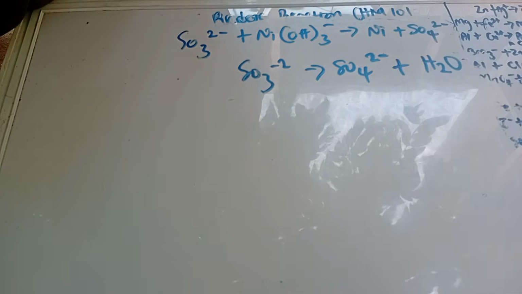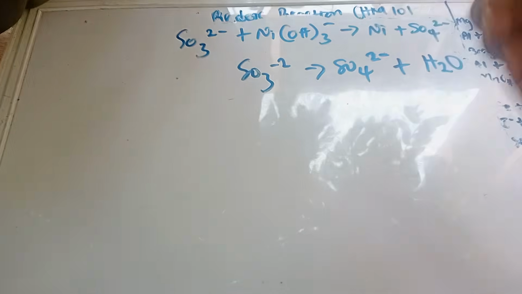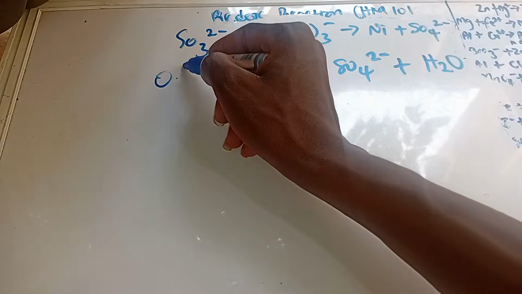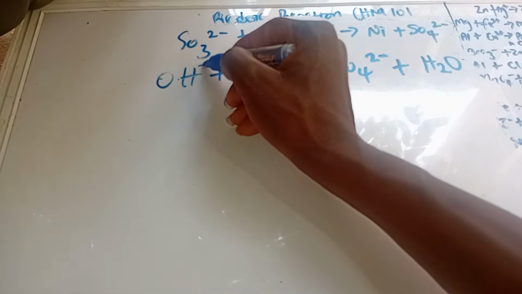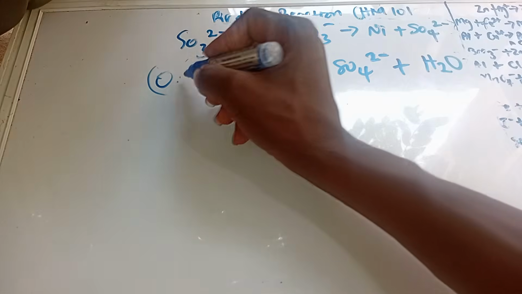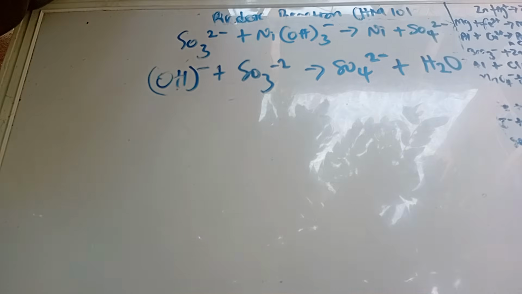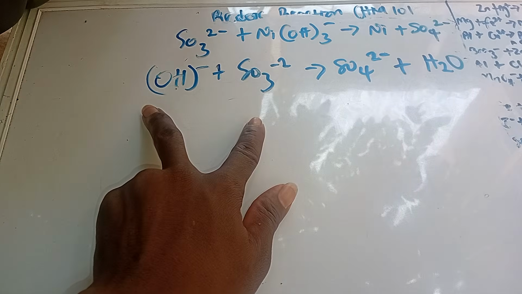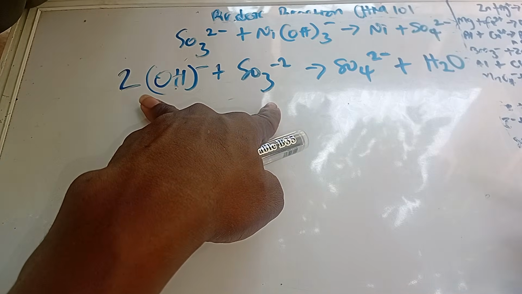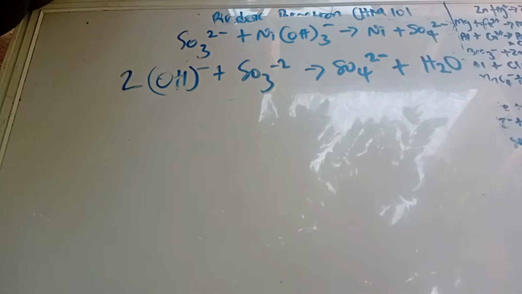Now, let's add OH minus here. Now, let's check the number of oxygen. Here is 4. Oxygen here is now 5. If we had 2 OH minus here, oxygen here is 5. Oxygen is balanced.